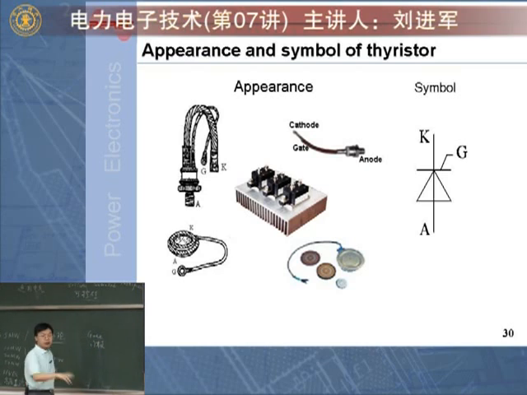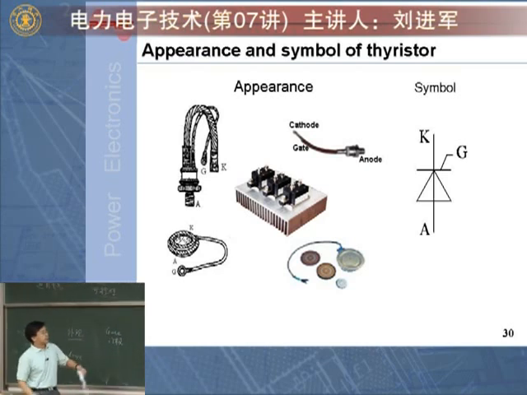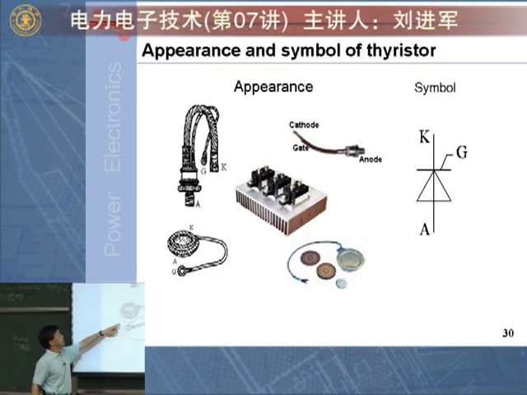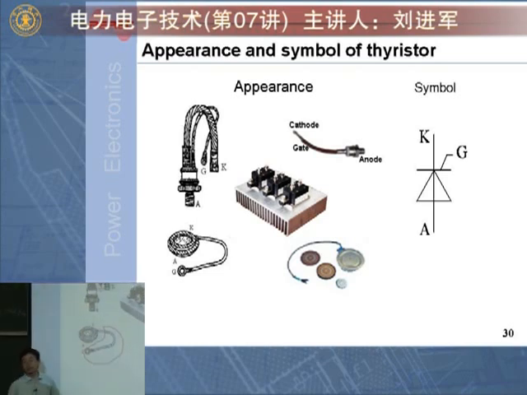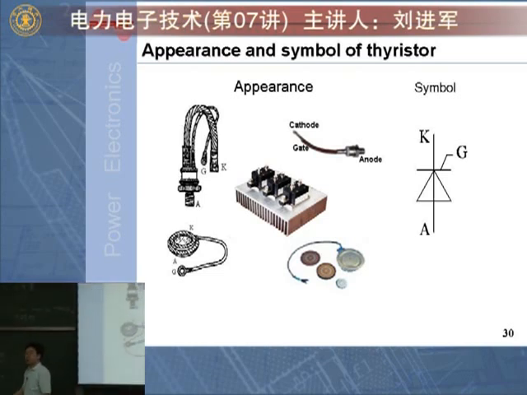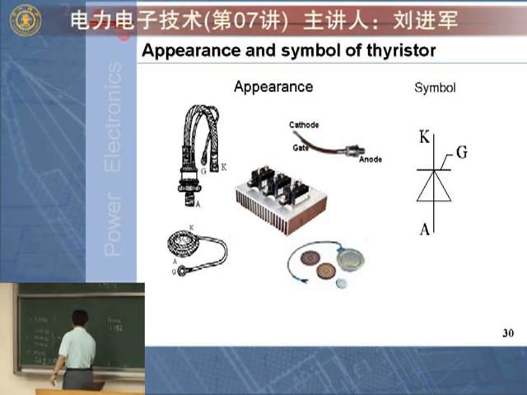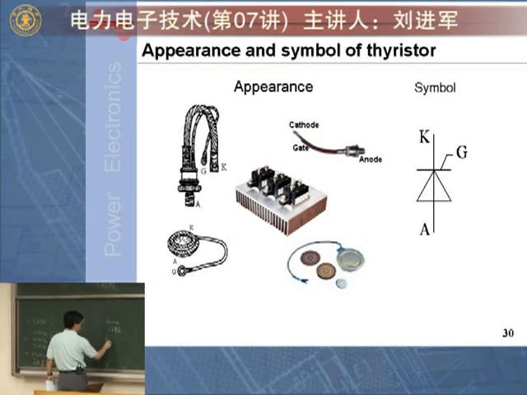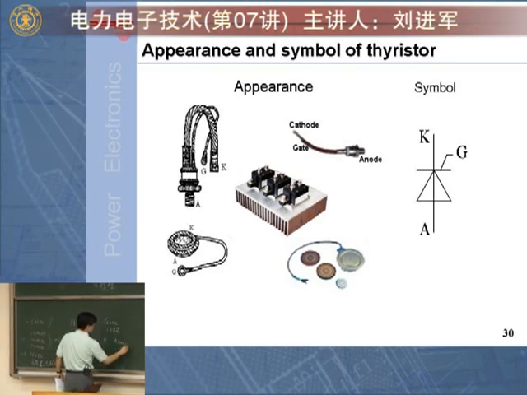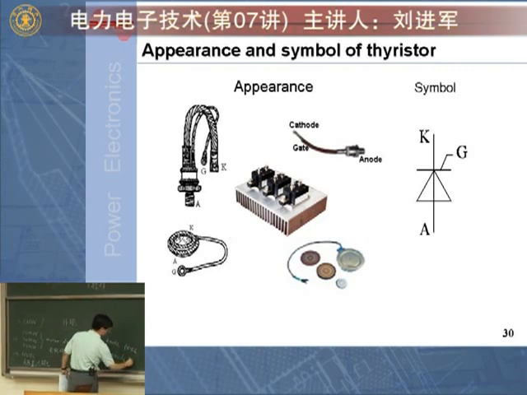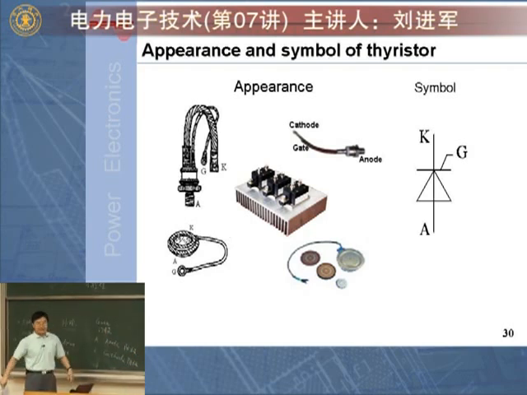And the other two terminals, A and K, are the same. These names are the same as the diode. A means anode. K means cathode.